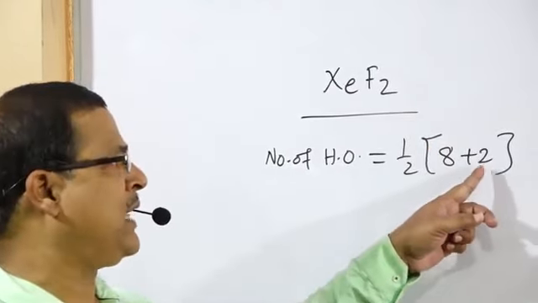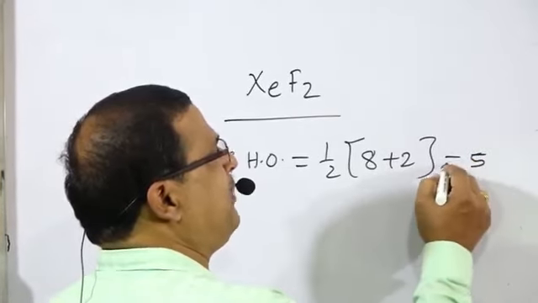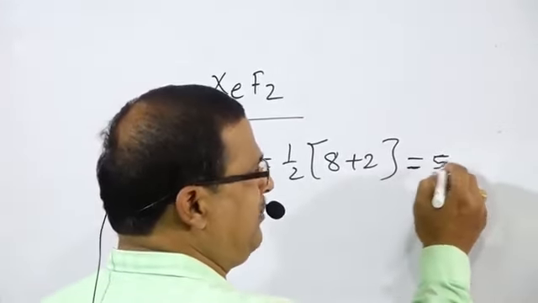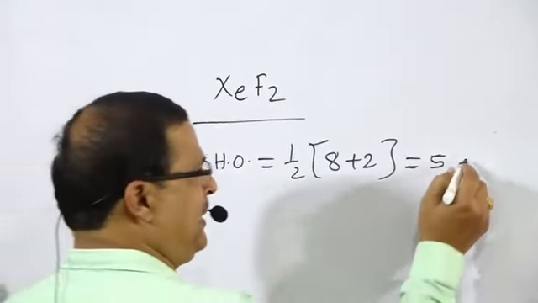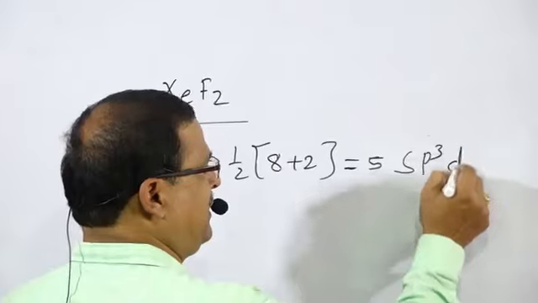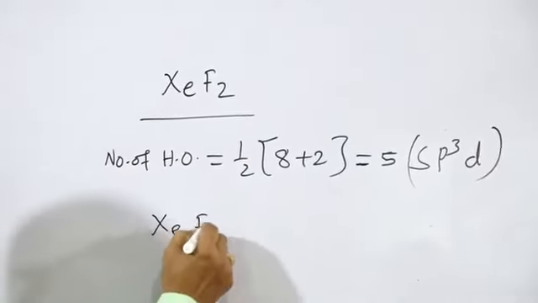That is 8 plus 2, that is 10, divided by 2, that is 5. By comparing with the table, the nature of hybridization is sp3d. Next one is xenon tetrafluoride.